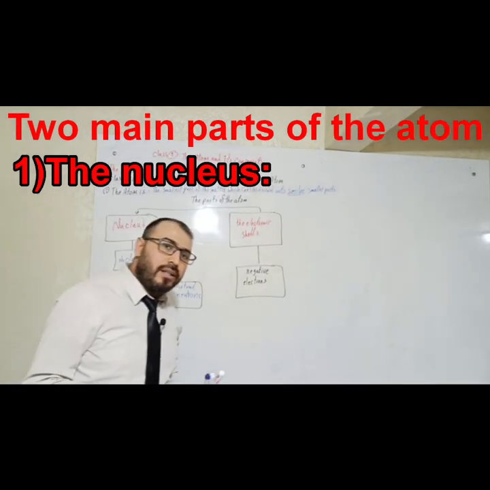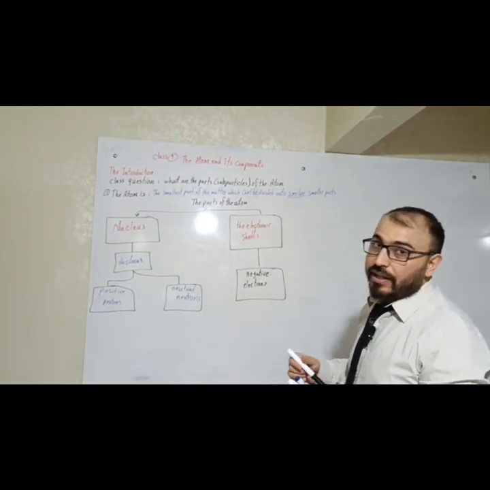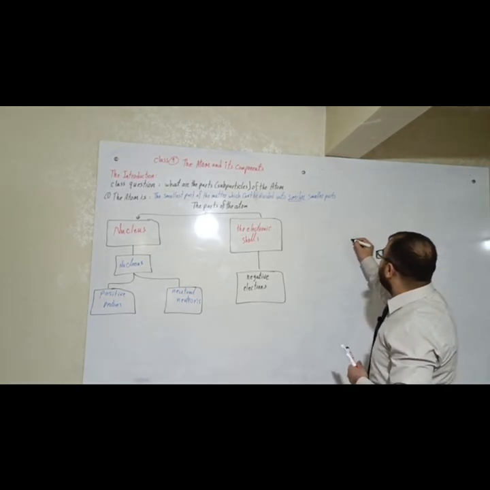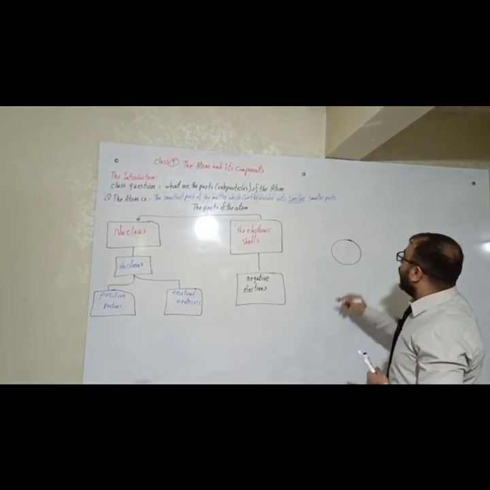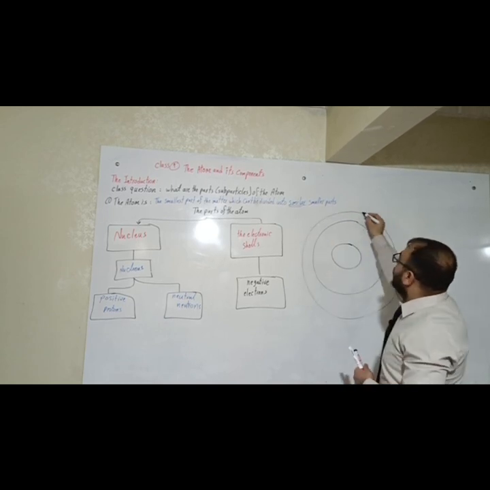Now let's try to draw an atom in front of us to understand the principle. First, this is the nucleus, and those are called the electronic shells.